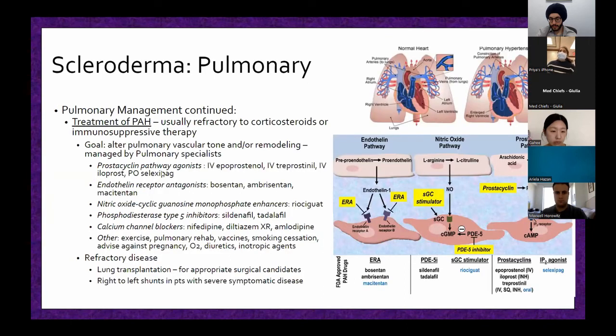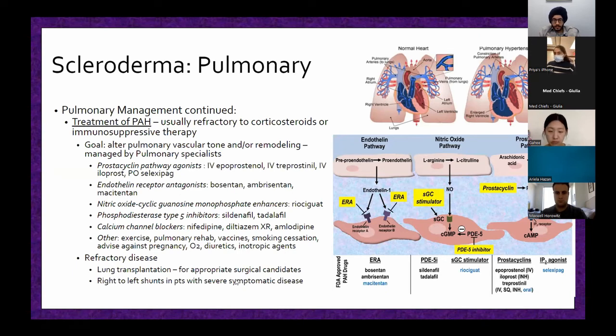So the treatment of pulmonary hypertension has evolved significantly in the last few years. We have our basic prostacyclin agonists, endothelin antagonists, nitric oxide enhancers, PDE5 inhibitors, calcium channel blockers, and pulmonary rehab options, smoking cessation, etc. These are all important.